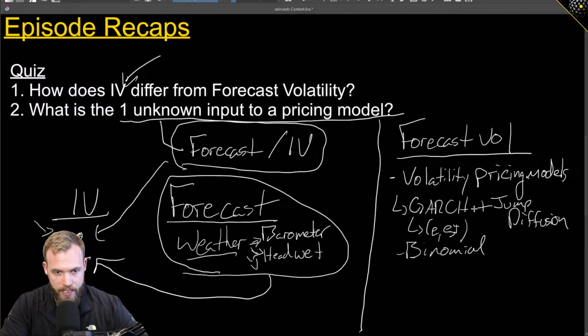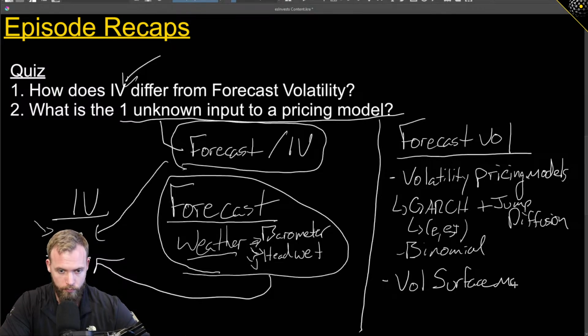All of these different entities are attempting to figure out what volatility should be. They are forecasting it. They're using and maintaining their own volatility surface model. This allows them to come up with their best estimates for what the implied volatility for each and every option should be.